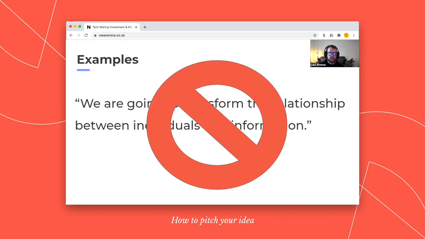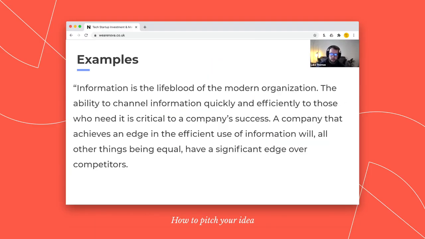Here's another example of the type of stuff we get. I don't really want to read this, but: information is the lifeblood of the modern organization. The ability to channel information quickly and efficiently to those who need it is critical to a company's success. Blah, blah, blah. So this is someone who, right from the beginning, is quite defensive about their position.